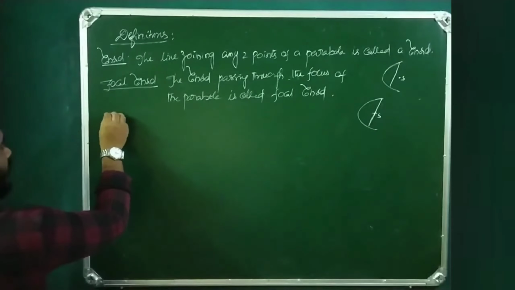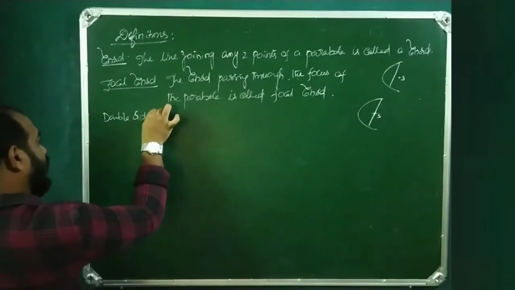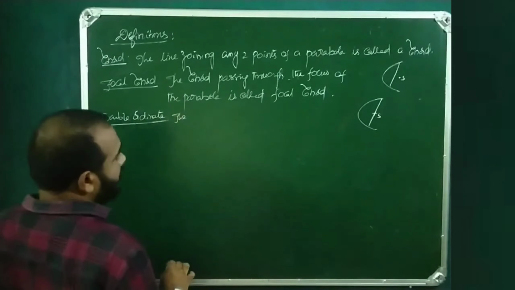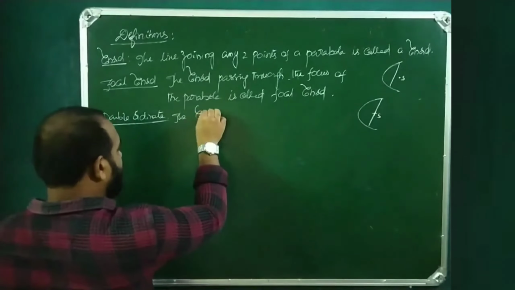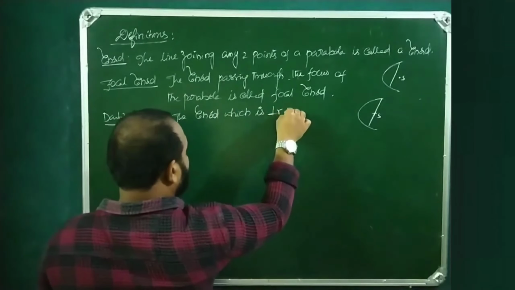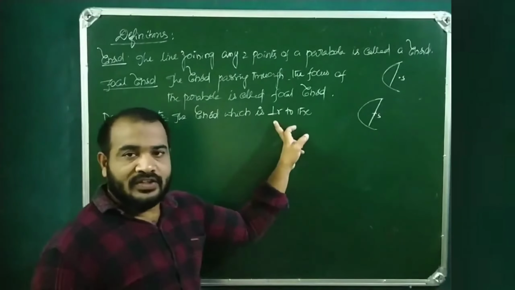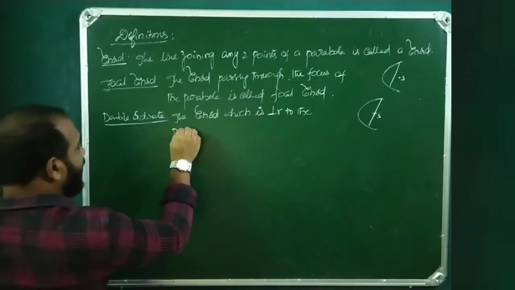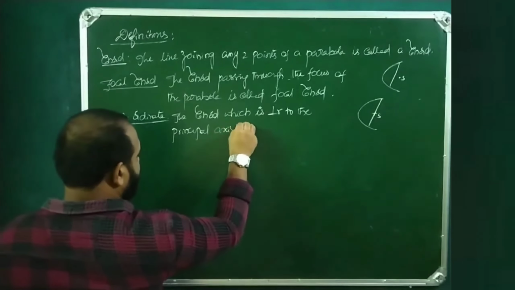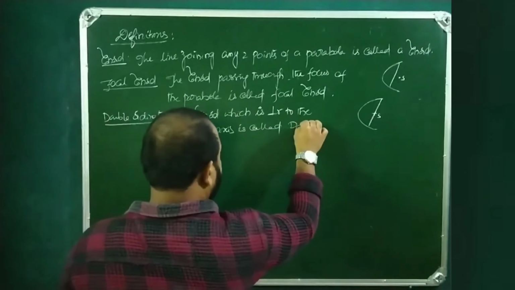And double ordinate: the chord which is perpendicular to the principal axis is called a double ordinate.